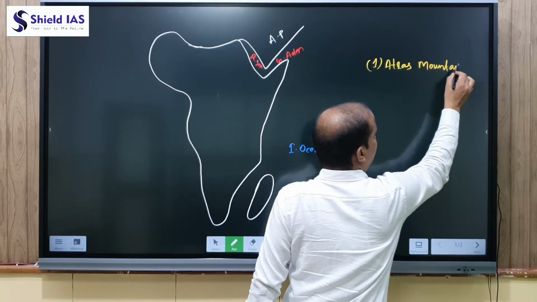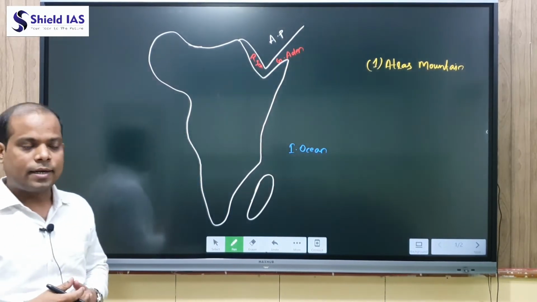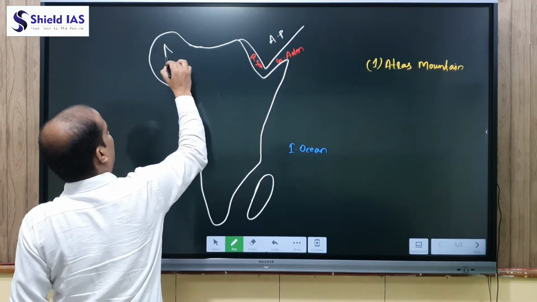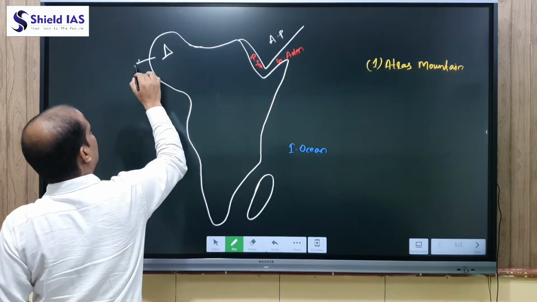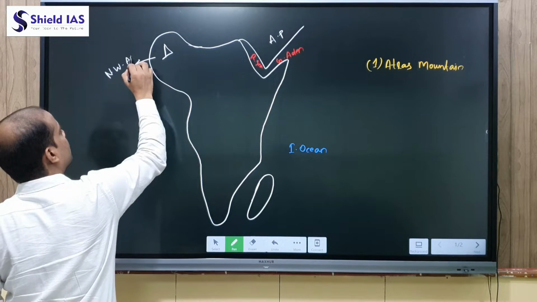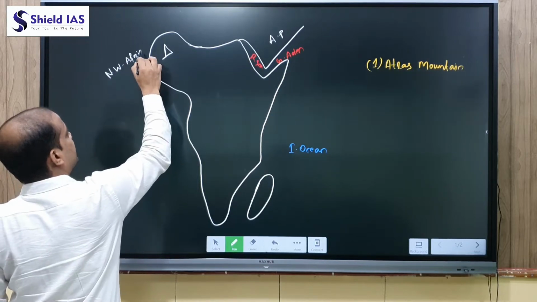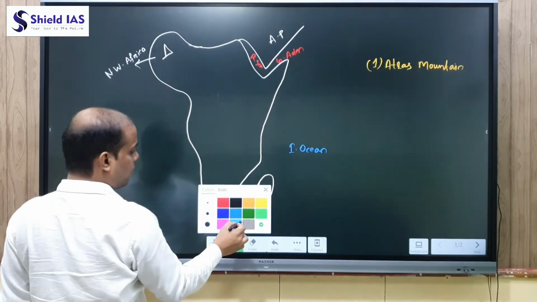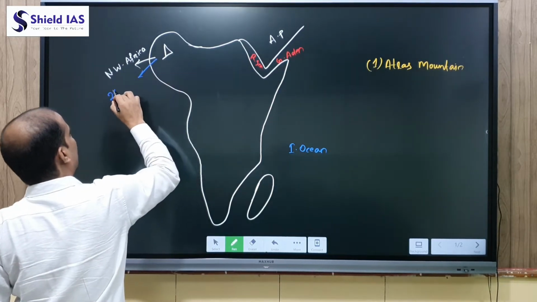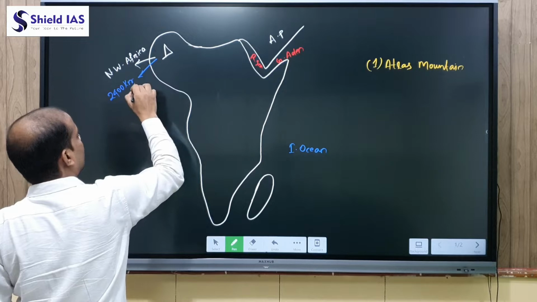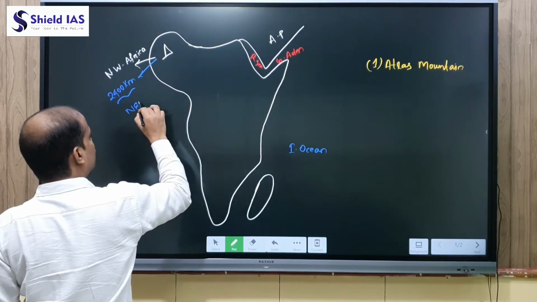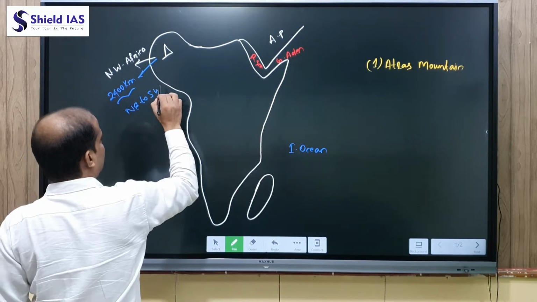The Atlas Mountain is located in the northwest of Africa, and it stretches around 2400 kilometers from northeast to southwest.